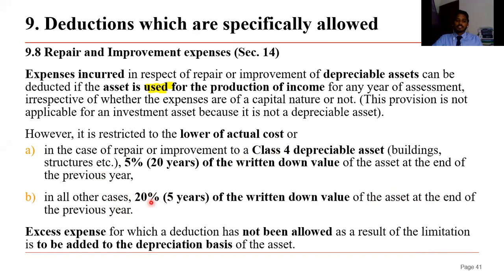Then only you can calculate the allowable repair cost, and whatever the excess expenses, you can add to the depreciation basis. The repair expenses deduction that has not been allowed as a result of the limitation is to be added to the depreciation basis.